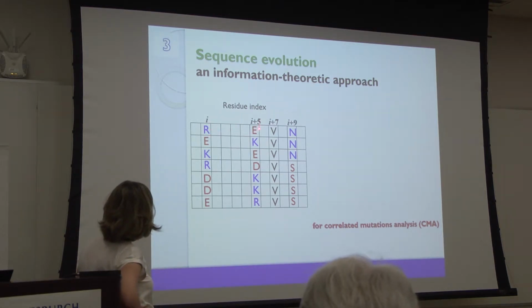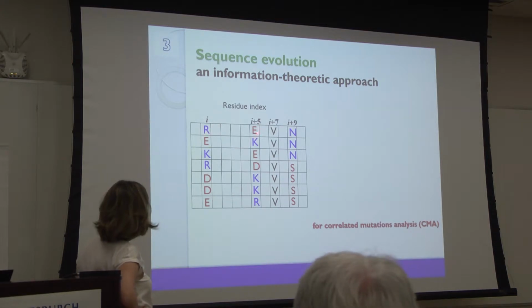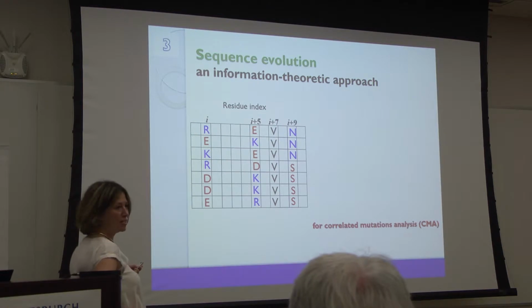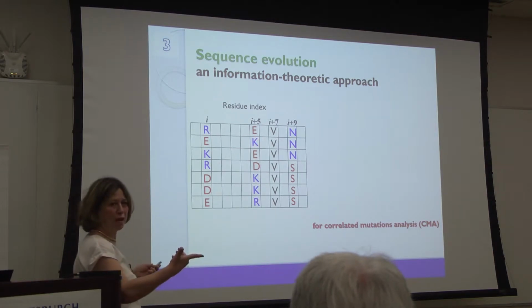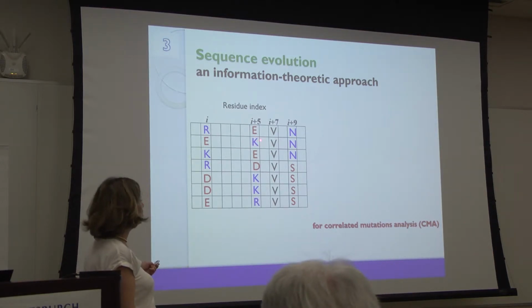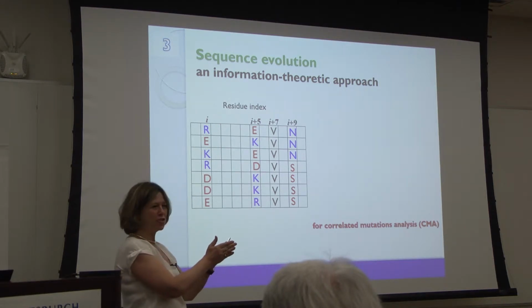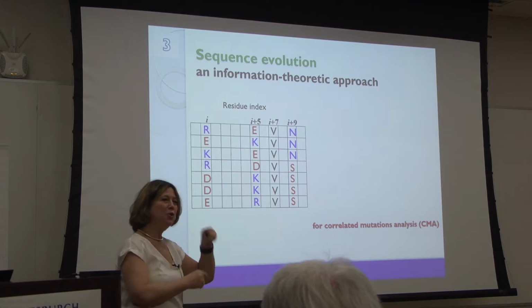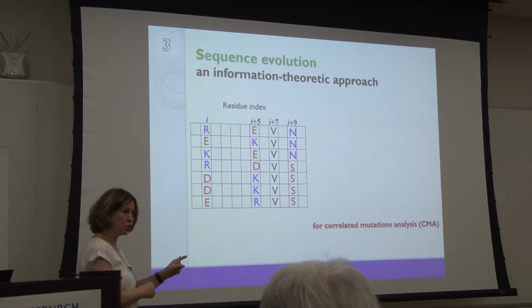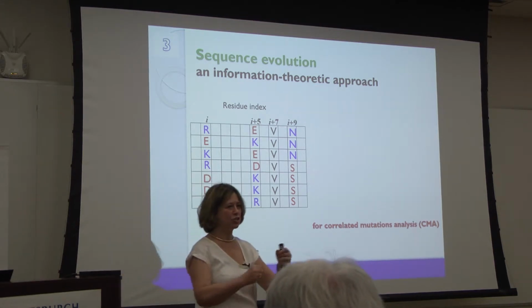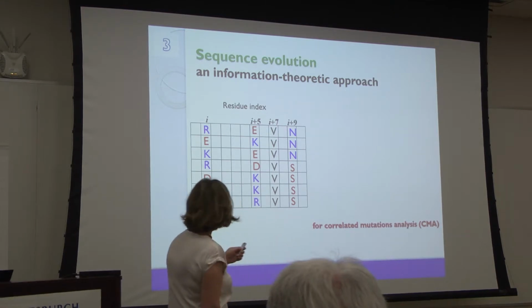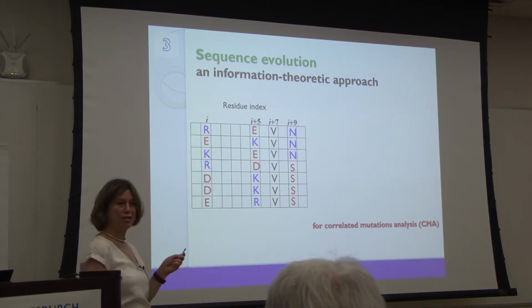Now I can also see a few other features. Positions I and I+5: when this is R, this is E. When this is E, this is K. R is positively charged, E is negatively charged. If that mutates and becomes E, probably you want the other to compensate by undergoing another mutation, and apparently they are interacting. Co-evolution patterns are used for predicting structures because they tell us it's very likely that these two residues are interacting.